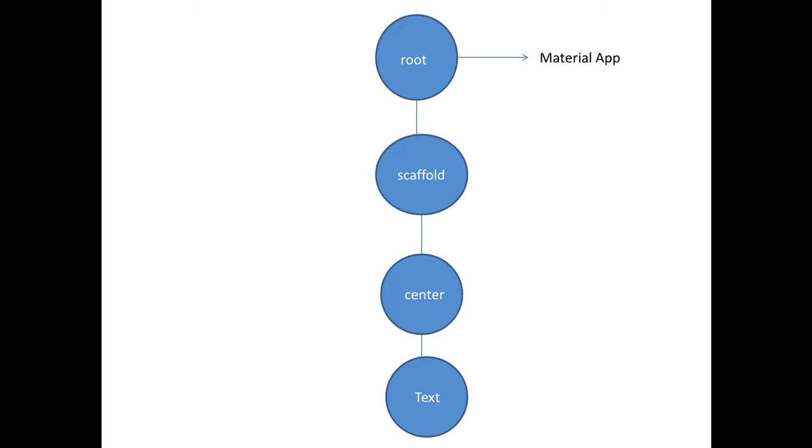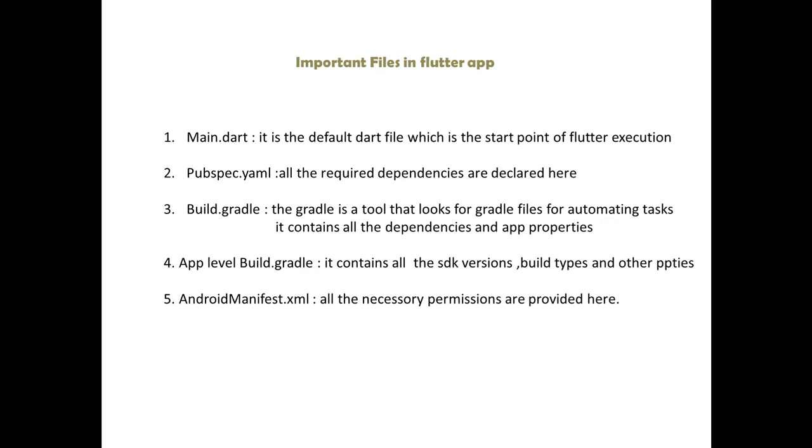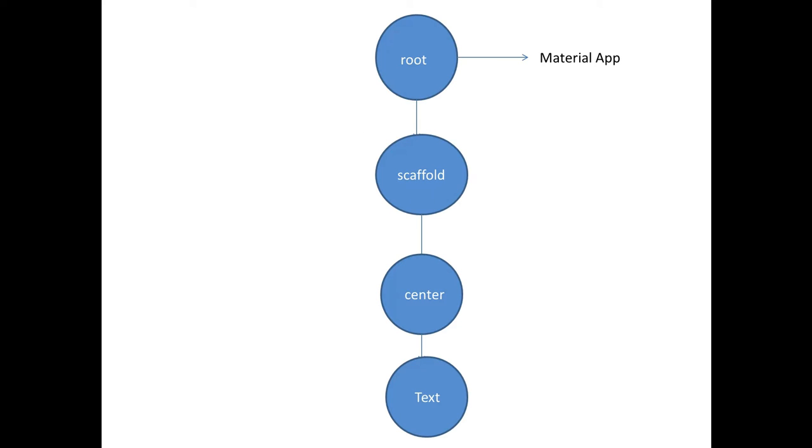In the previous one, we showed you that material app is the root app, then the scaffold, and then the center and the text. Scaffold consists of a variety of widgets like raised button and floating action buttons, center widgets, text, containers, etc. These are plenty, and we will use them mostly in our app development.